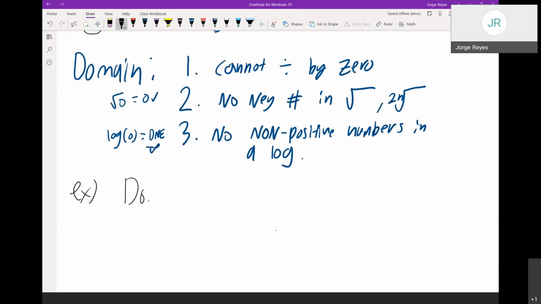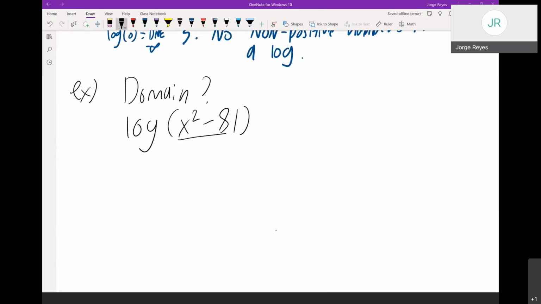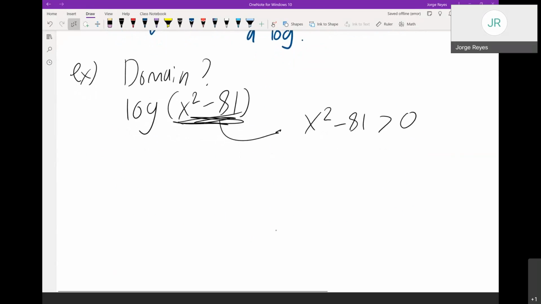So you should just automatically be able to answer domain questions, kind of like what was on your test 1 in previous sections. If I give you this log, what you would do is take the inside stuff right here and just put it greater than 0. If it was a square root, I would make it greater than or equal to. But since it's a log, I just get rid of the bar. And then we know how to do this.